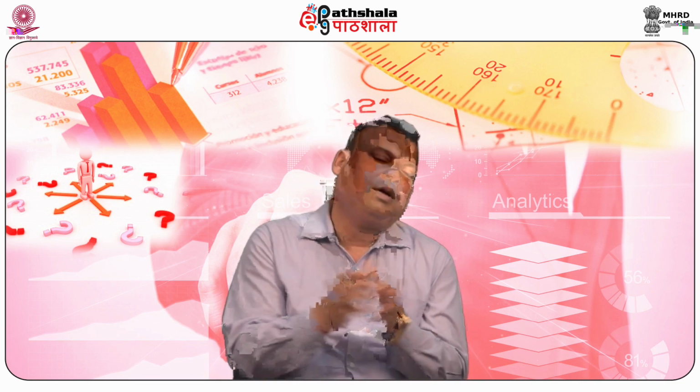The value of the F ratio can be calculated as shown in this slide: MSR divided by MSE, where MSR is the mean sum of squares of regression and MSE is the mean sum of squares of error. If the value of F is found to be significant, it means there is a significant relationship between the dependent and independent variables, and the overall significance of the model is good. We can go ahead with this model.